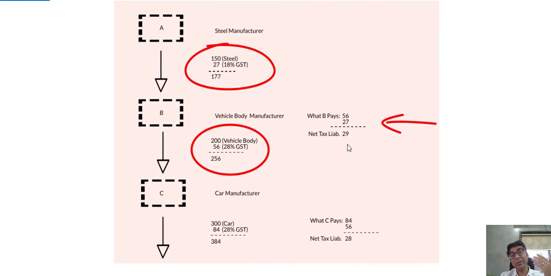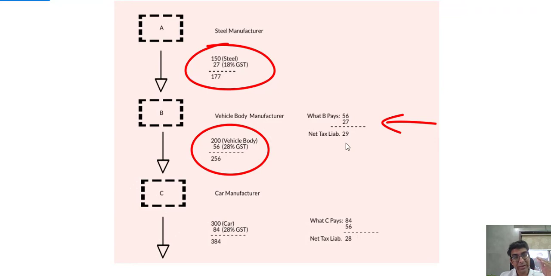Now, this is coming back to what I was saying earlier. The reason behind giving B the option to deduct points that he's accumulated is that tax is only charged on the value addition. It is not charged on the entire sum.